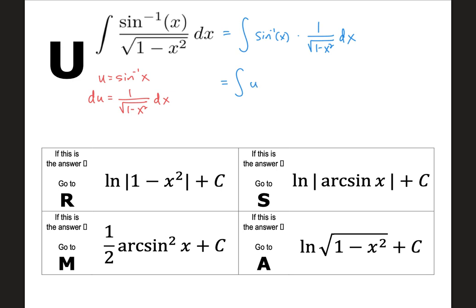Just notice that this sine x became u, and this got substituted for du. So this is just u times du.